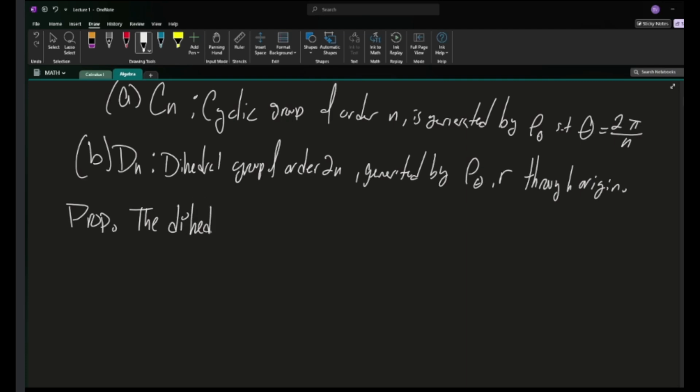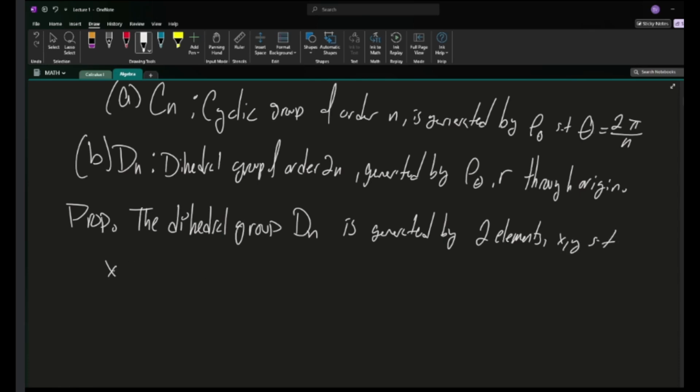So the dihedral group Dn is generated by two elements, x, y, such that x to the n is equal to 1, and y squared is equal to 1.